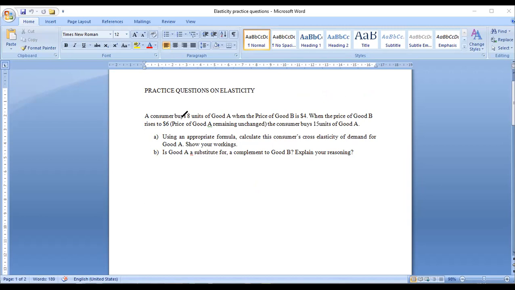A consumer buys 8 units of good A when the price of good B is 4.